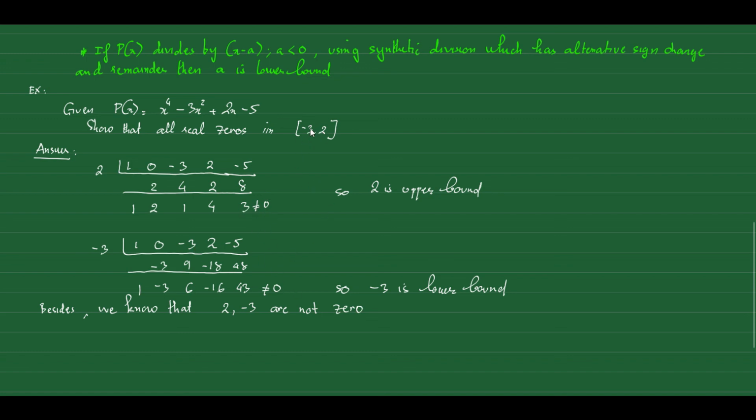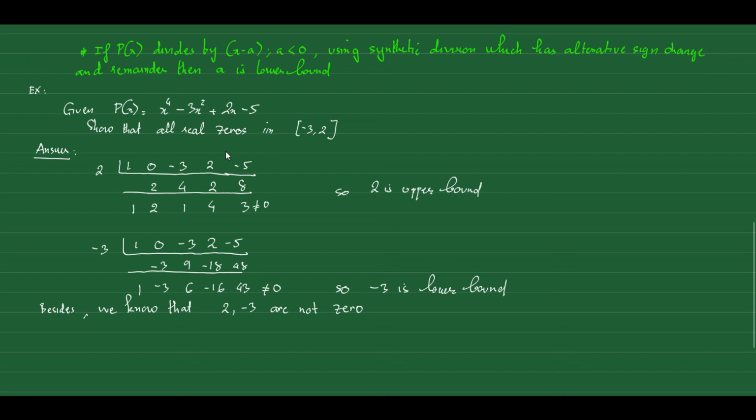So all the zeros must be in between, between negative 3 and 2, and we have a total of 4. So we probably have complex zeros in there. Do we have a real one? I don't know, we have to check. Probably 1 is a zero, so you have to check.